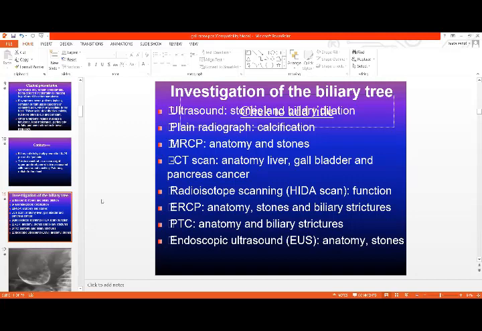So you inject a dye or a contrast, and that will go into the liver and come down into the bile duct. That will show you the anatomy and if there are any biliary strictures or any problem there. So PTC is also an investigation.